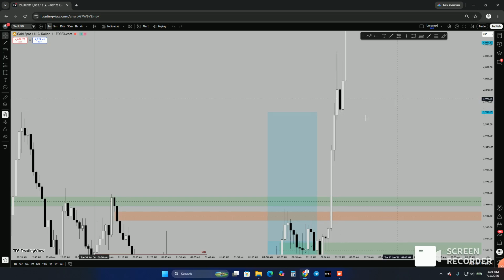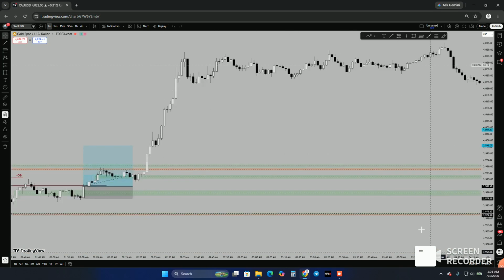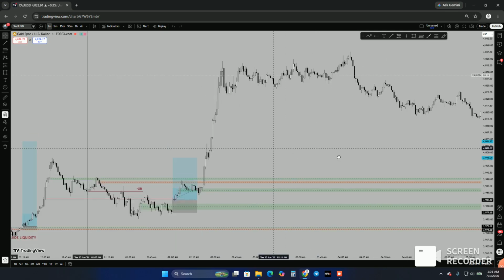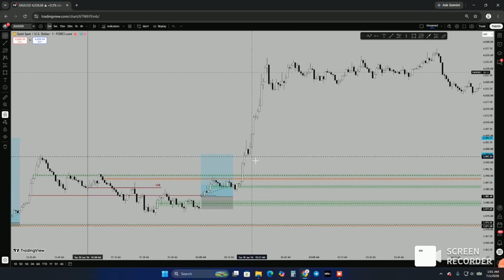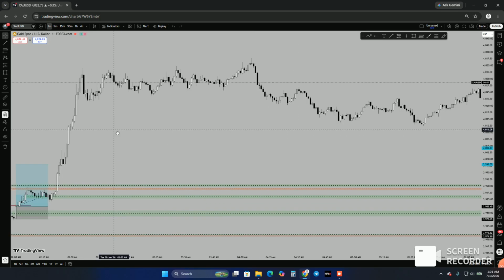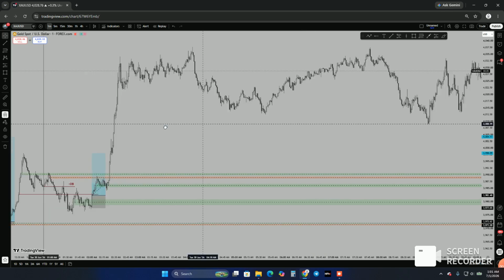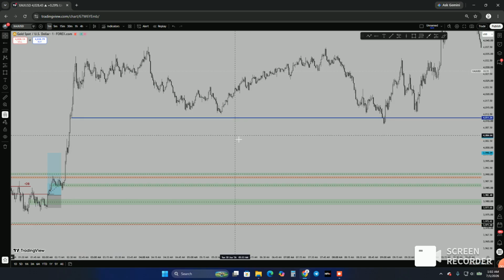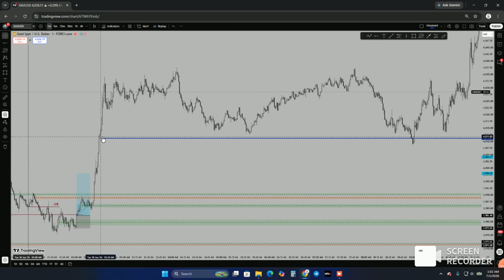And after that you can see 225, this one is a 225 if I'm not wrong. And what it did here, 230, itself a gap.